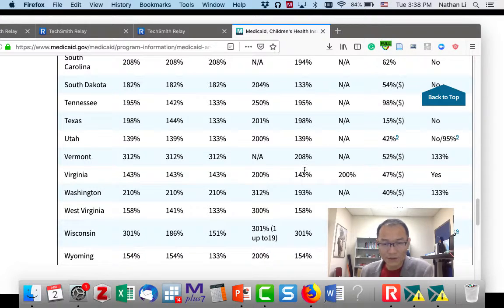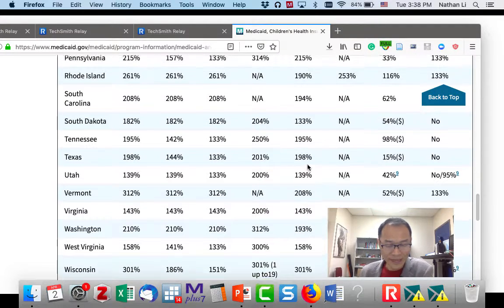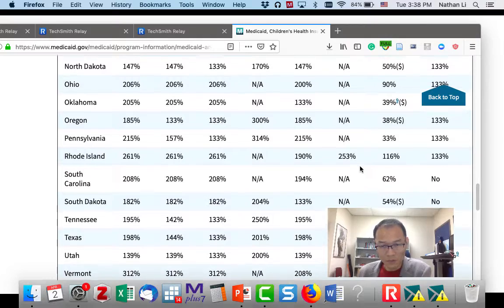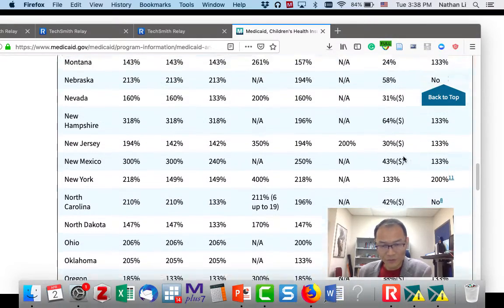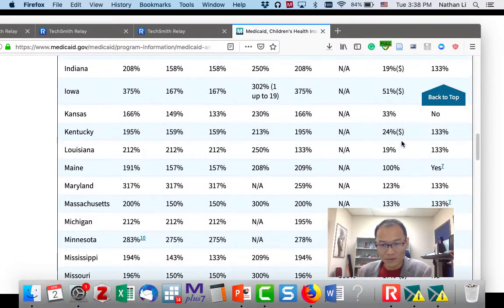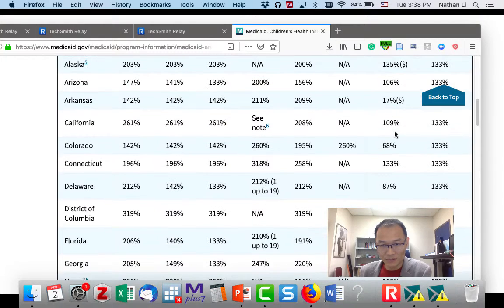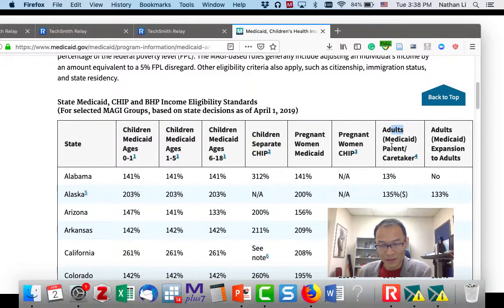These states do not have Medicaid expansion for poor adults. And if you look at the percentages, like here, poor adults in Alabama have to make 13% of the FPL in order to be qualified for Medicaid.